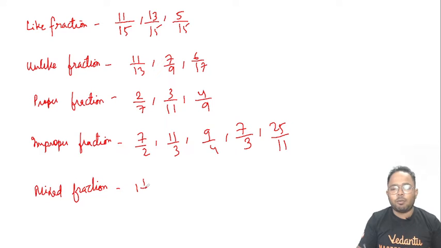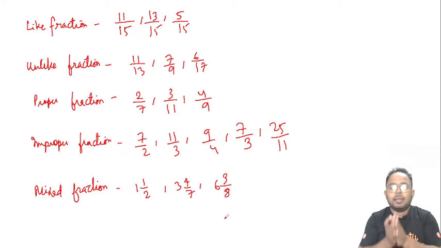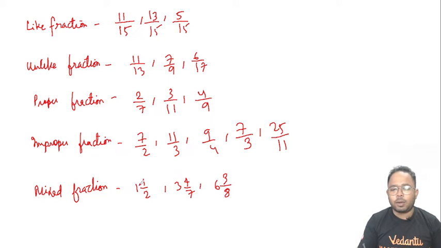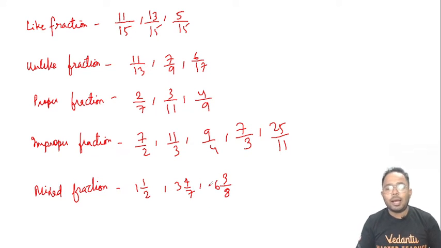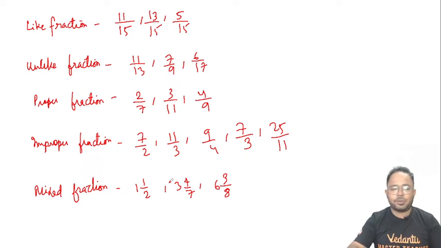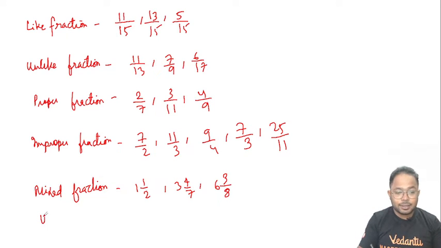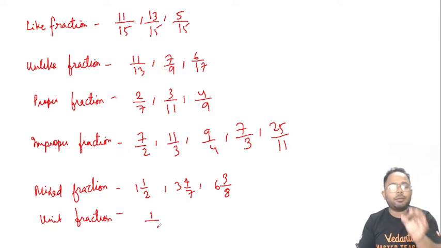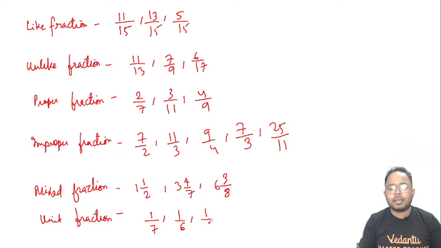So we can write 1 1 by 2, 3 4 by 7, 6 3 by 8. Here 1 is whole, 3 is whole, 6 is whole and 1 by 2, 4 by 7, 3 by 8 are all proper fractions. And last, unit fractions: all the fractions having the numerator 1.